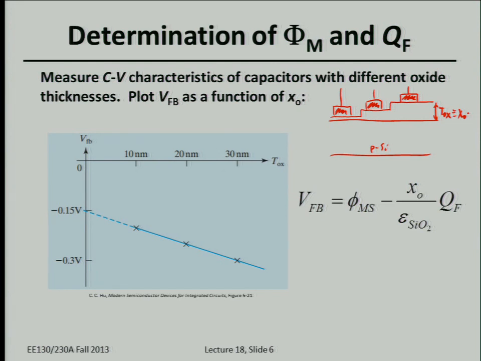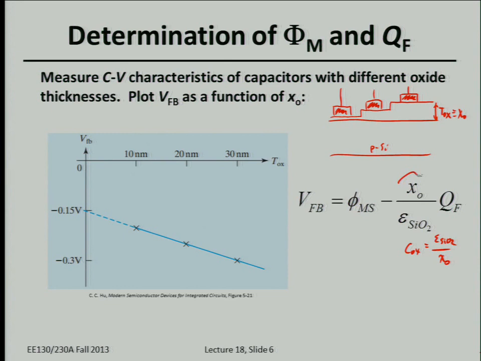Okay, so we can conduct an experiment where either with different wafers or on the same wafer somehow make the oxide thinner in some areas, and then deposit the same gate material everywhere to make all these capacitors with different oxide thicknesses. Remember, Cox is equal to the permittivity over X naught.